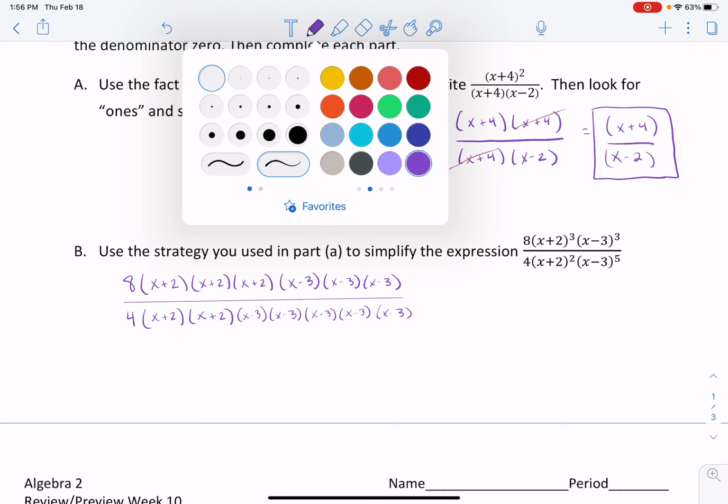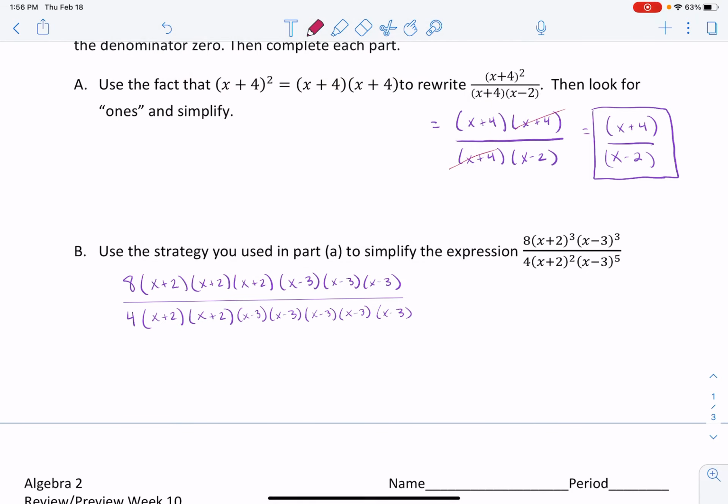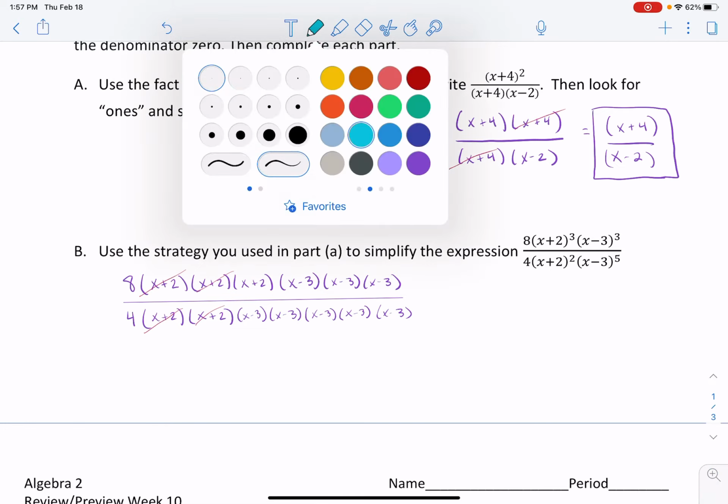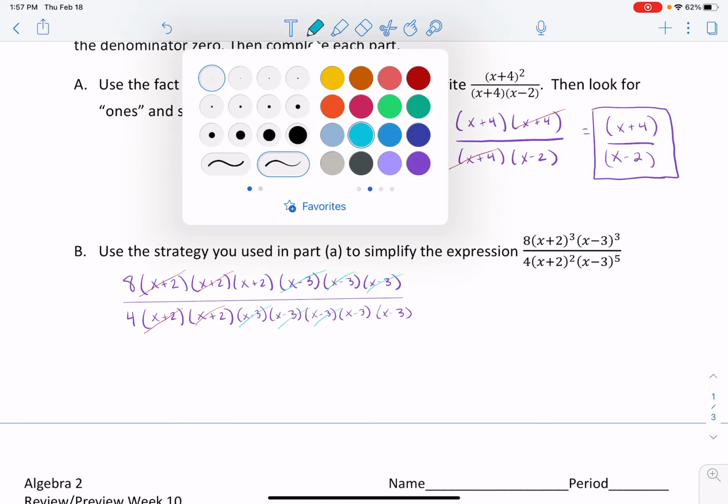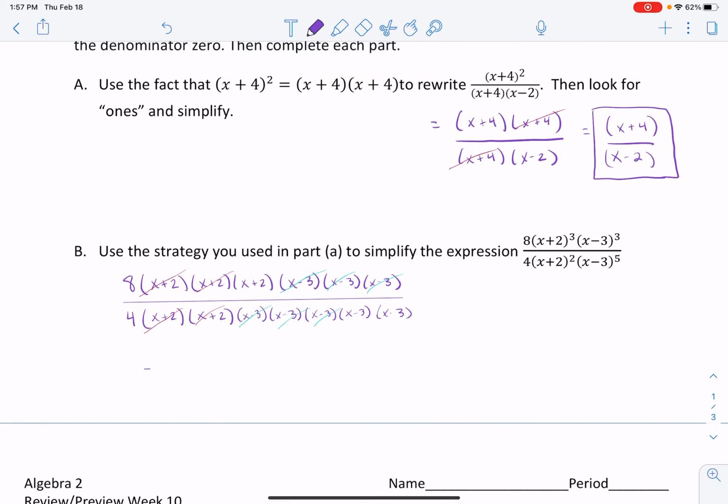Okay, so now let's start canceling. So I can cancel here, here, and then these two. So what I'm left with, 8 over 4, that gives me 2 over 1.